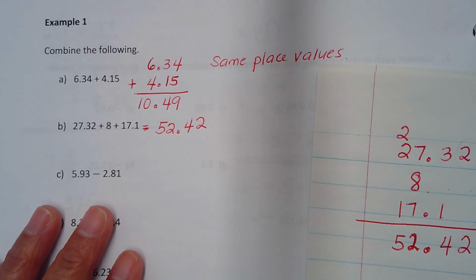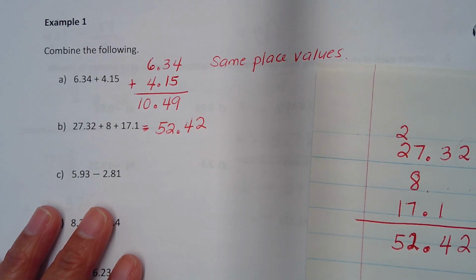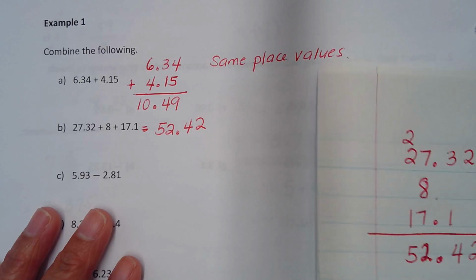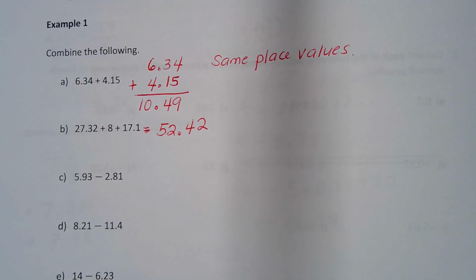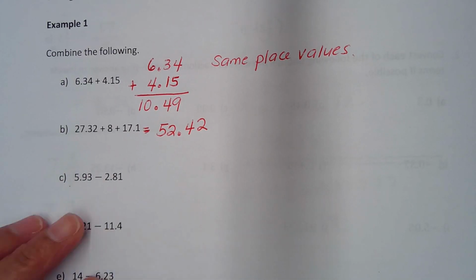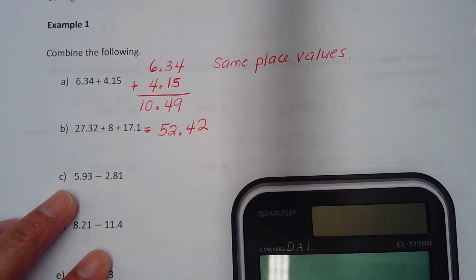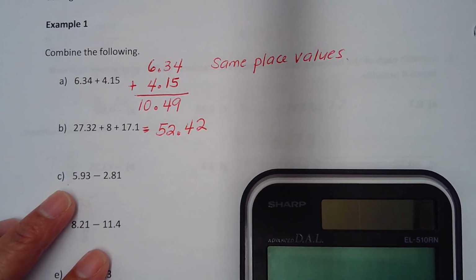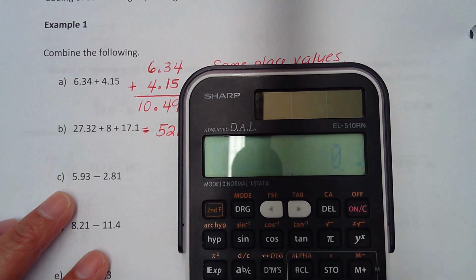Okay, what about letter C? Do you want to see that with lining up? Or you're okay? We might have to borrow for that one. Anyways, so 5.93 minus 2.81.